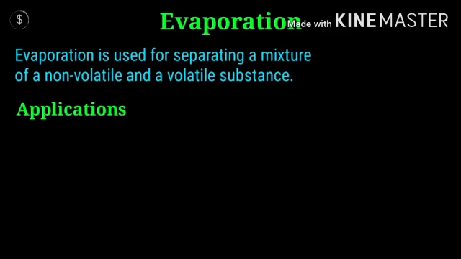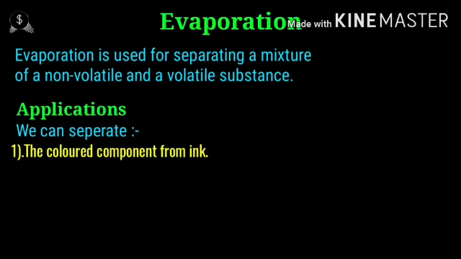Now we will study the applications of evaporation. We can use the evaporation method to separate the colored component from ink. In ink, many components are mixed, and when you heat it, the water from the ink will be evaporated and the colored parts, the different colors, will be remaining.